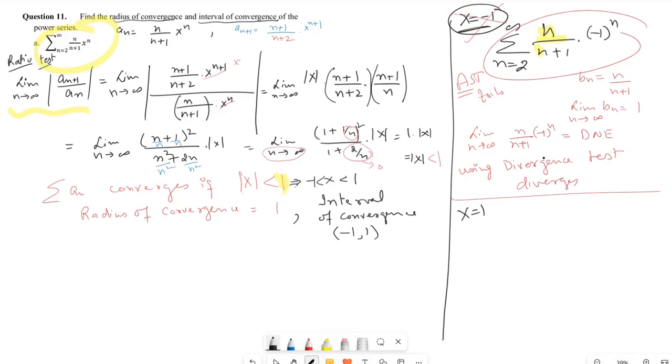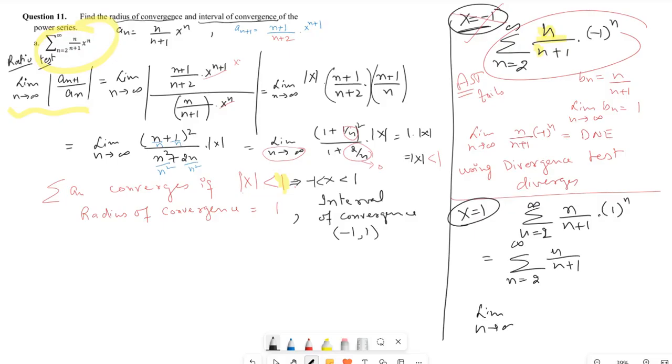Similarly, let's check at 1. Write the whole series; in place of x, now we are putting 1. 1 to the power n is just 1. So that is n by n plus 1. The limit as n approaches infinity of n by n plus 1 is also 1, not equal to 0.